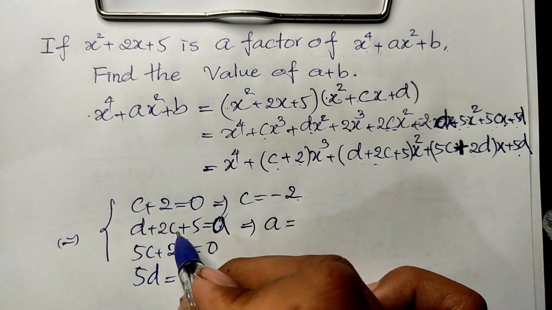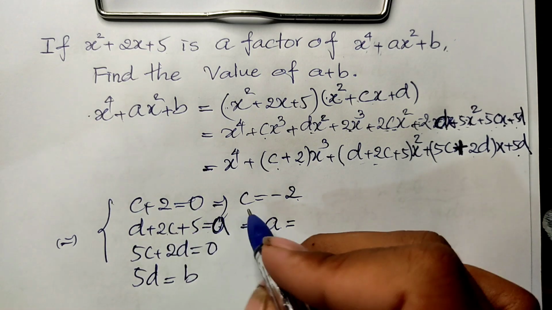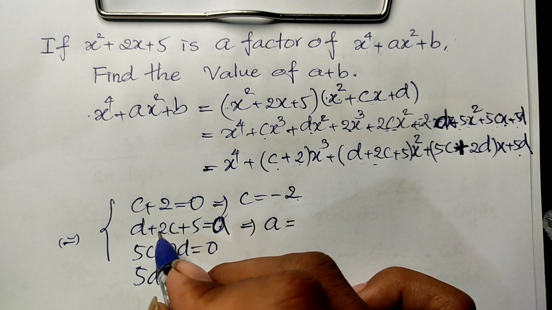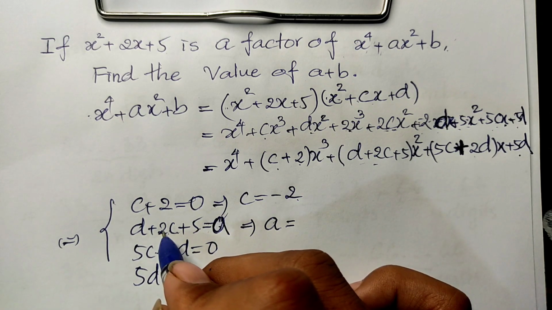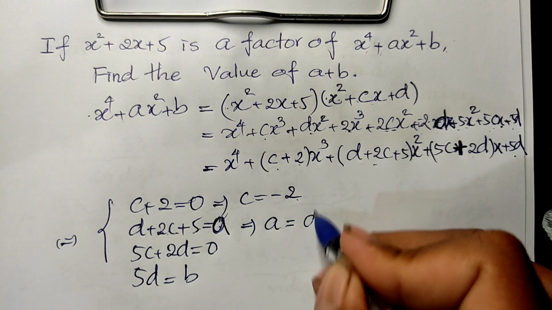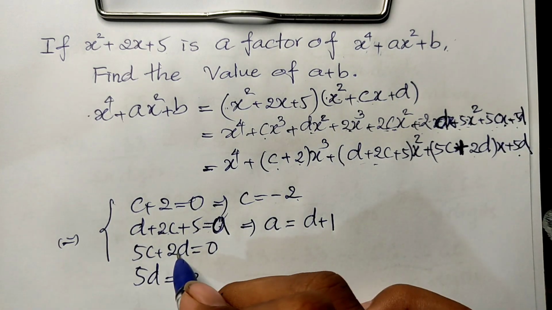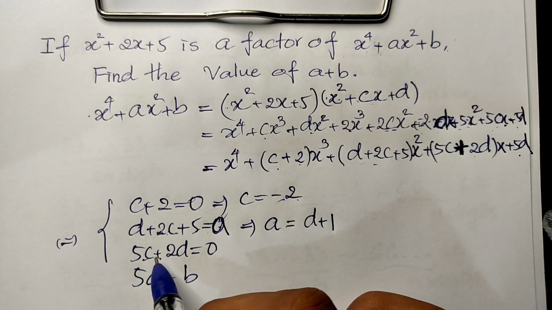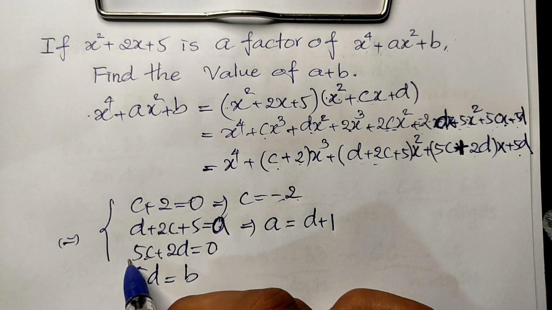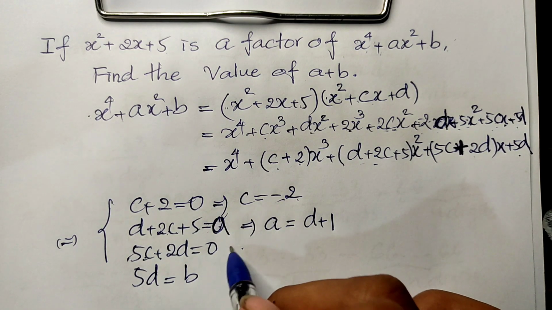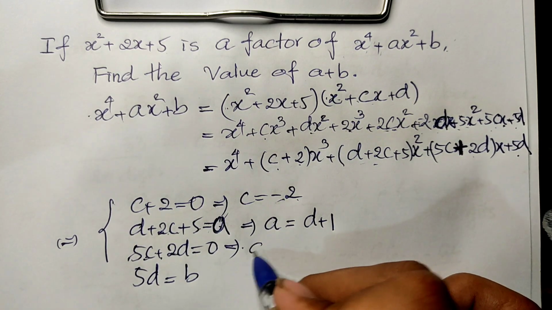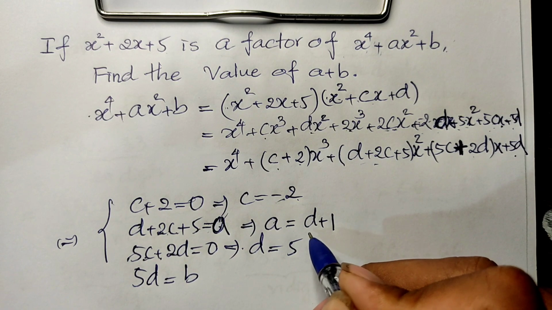And a is equal to, we replace c by minus 2, so minus 2 multiplied by 2 we get minus 4, and 5 minus 4 we get 1, equal d plus 1. And this c we replace by minus 2, so we get minus 10, and we change the sign we get 10, and 10 divided by 2 we get 5, so d is equal to 5.